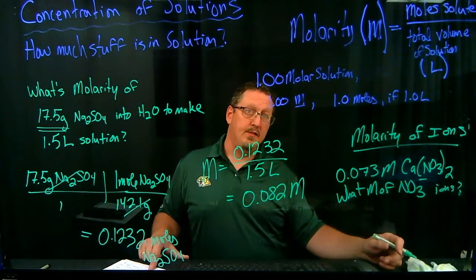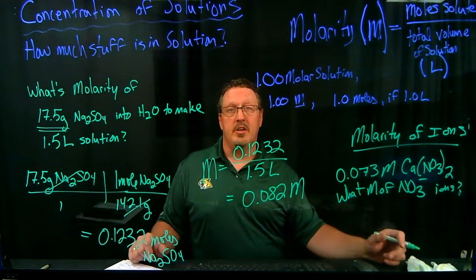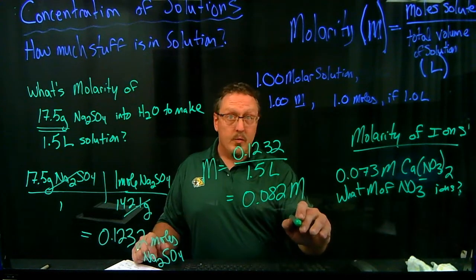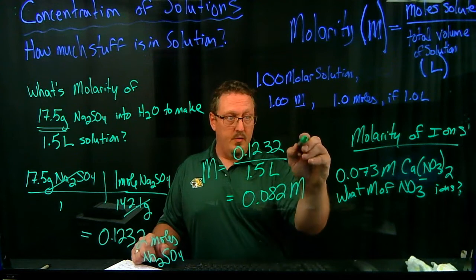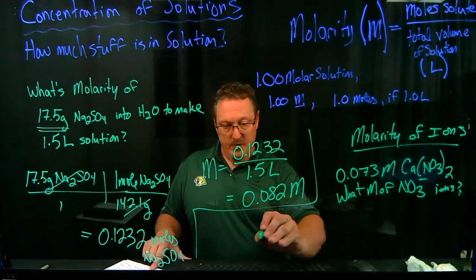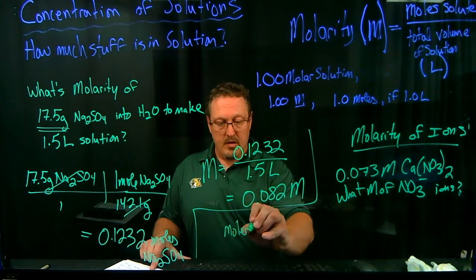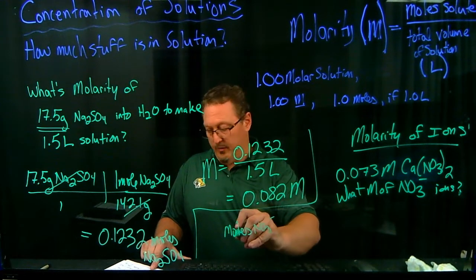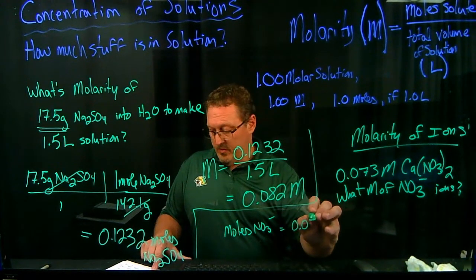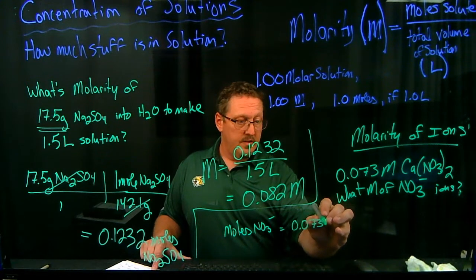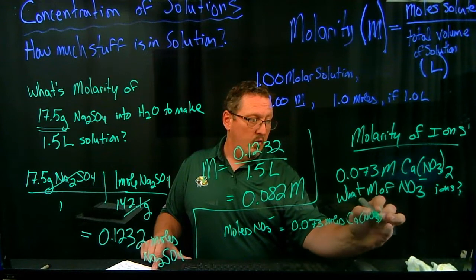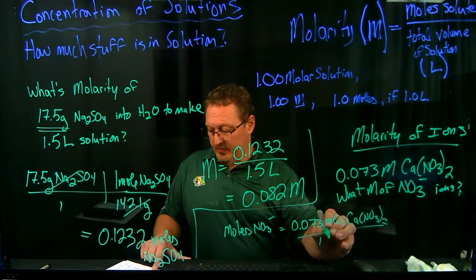Well, molarity is moles per liter. We don't even need to know the volume, it doesn't matter. We start with the molarity. So the molarity of NO3 minus is going to equal 0.073, and this is my moles of Ca(NO3)2 over 1 liter of solution.